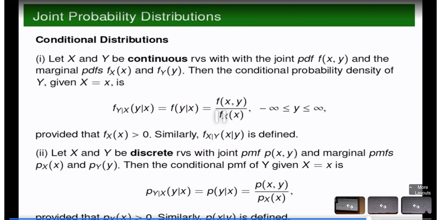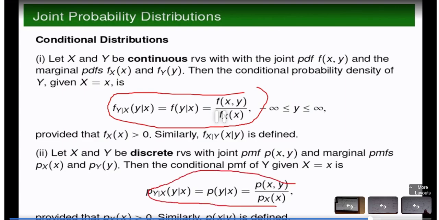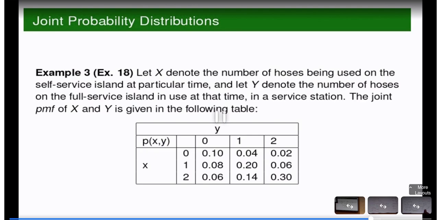Now, how do we do joint probability? For joint, don't forget, I gave you the formula for conditional for continuous and for discrete. Now, I have a question. Please pay attention here. Let X denote the number of horses being used on the self-service island at a particular time, and let Y denote the number of horses on the full service island in use at the time.